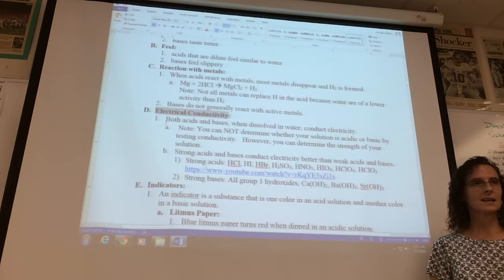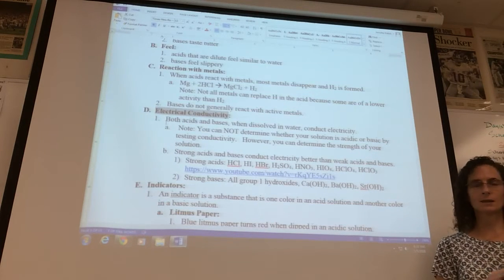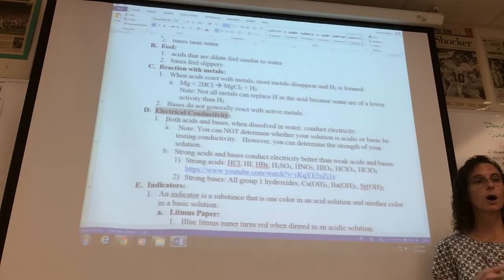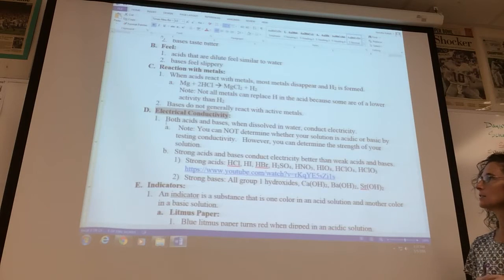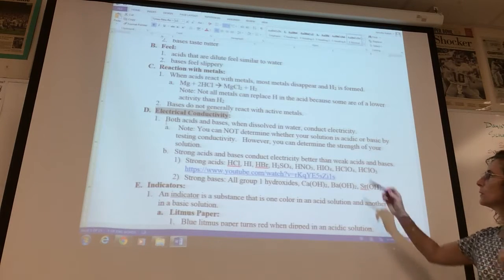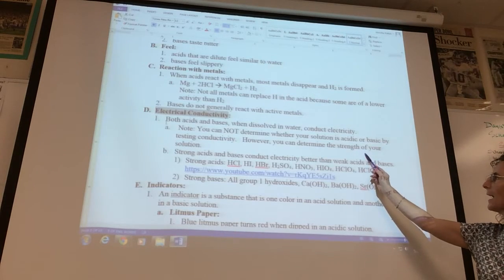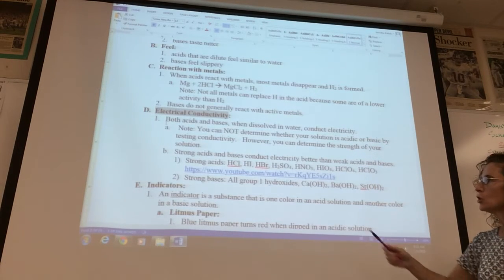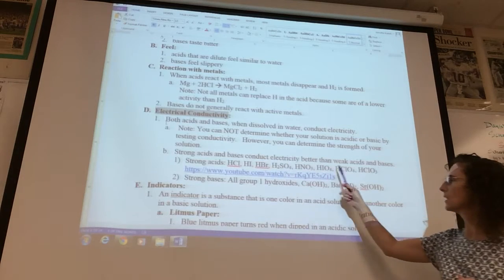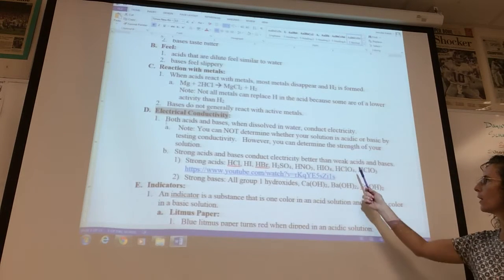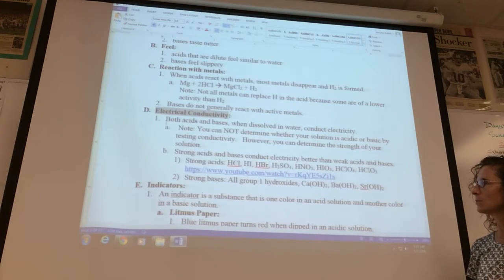What's interesting is you can examine how strong, not concentrated, how strong or weak an acid is based on its ability to conduct electricity. So you can't figure out if the substance is an acid or a base, but you can determine the strength. Strong acids and bases conduct electricity extremely well, far better than weak acids and bases.